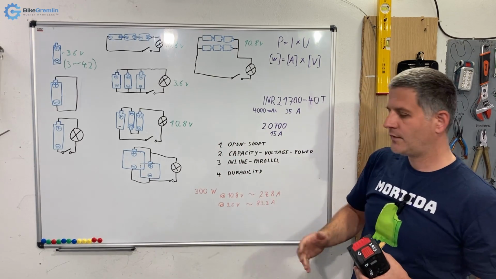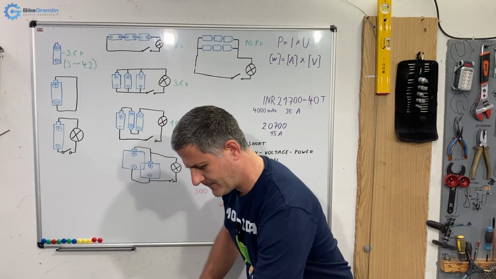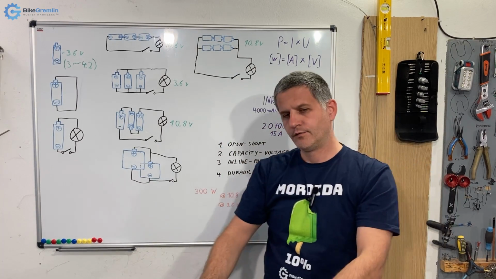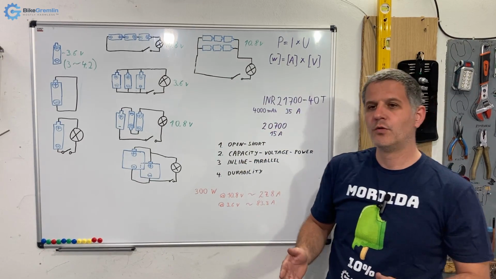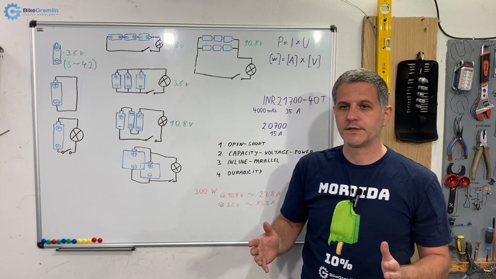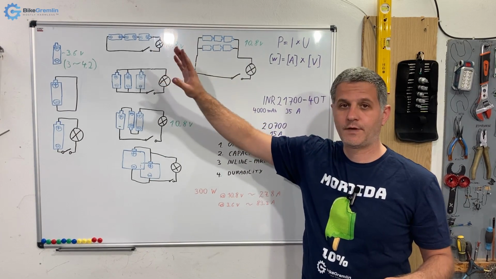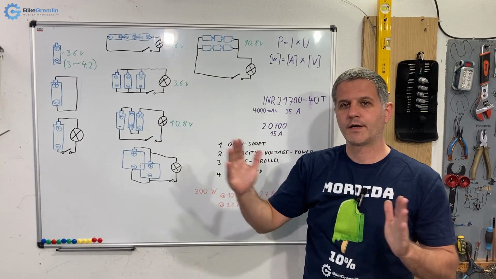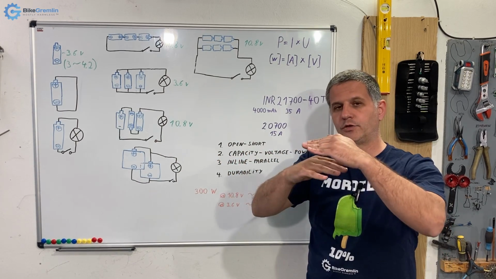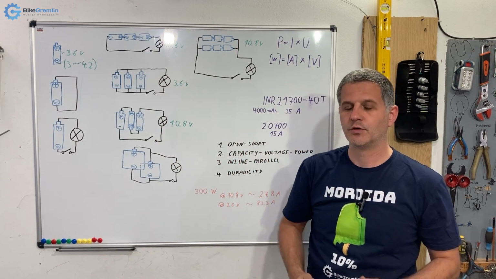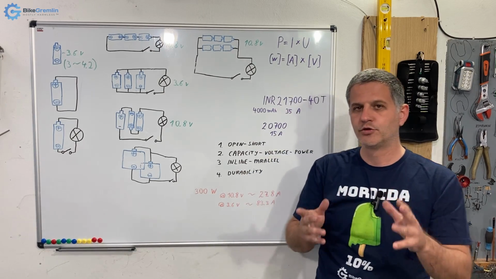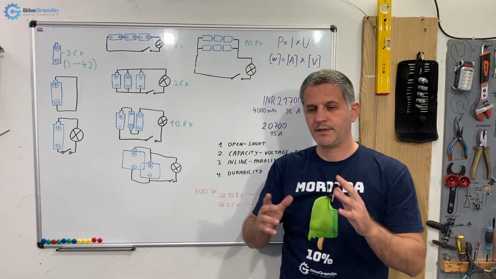So if you want to go with, say, you have 18 volt voltage and you want to go with 1800 watts. If you have only 1 pack of inline batteries, 5 of them, they will need to give you 100 amperes. But if you pack 2 in parallel, they will give you 50 each. Okay, I've used the wrong example because that's still too much, but you get the idea.